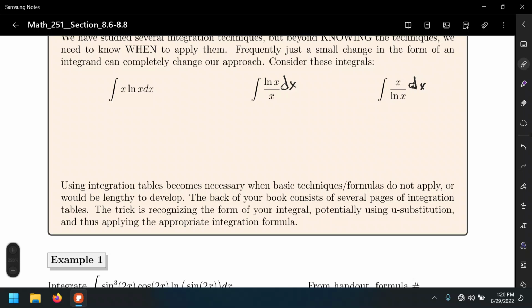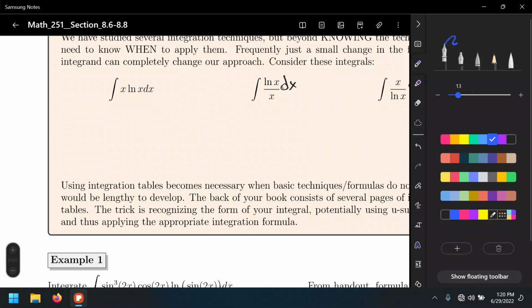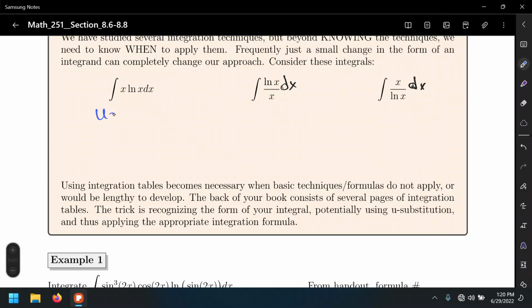We went over the LIATE rule, to say that u equals the ln part and dv is the x dx. We're not going to go through the integration, we're just going to identify the type of problem or the method that we use.